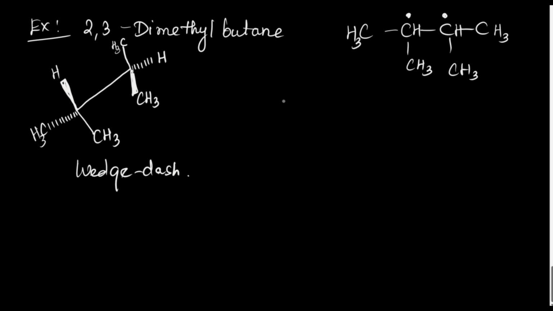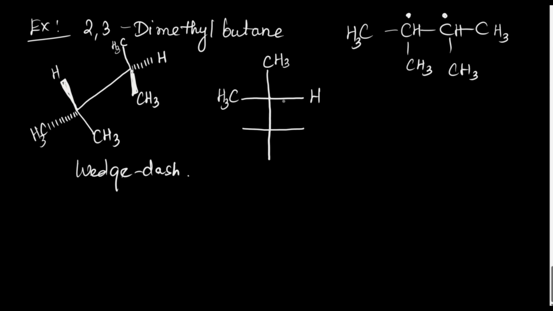Now let's go to the second projection, Fisher, where I have the lines. This carbon and this carbon, each is attached with two CH3s and one hydrogen. So here I have CH3, with CH3, on the right side hydrogen, and on the left side another CH3.